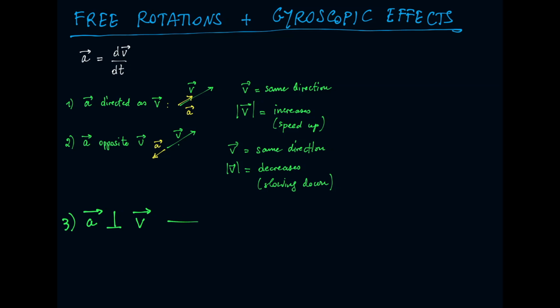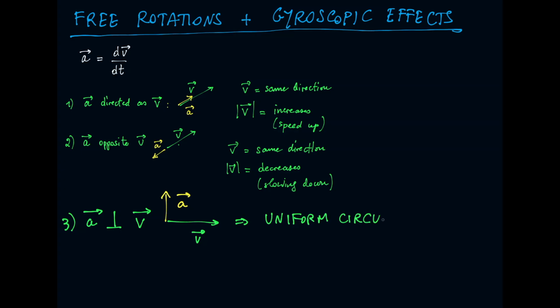So in particular, we would have v like this, and acceleration is, for example, like this. Do you remember when we talked about a situation like this? I'll give you a second, but I'm sure you do. This was as in uniform circular motion.